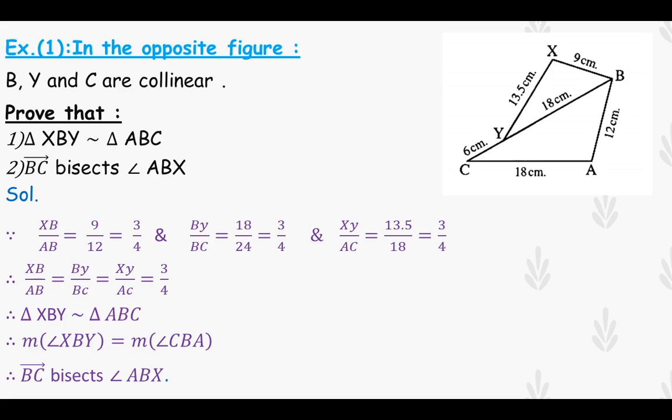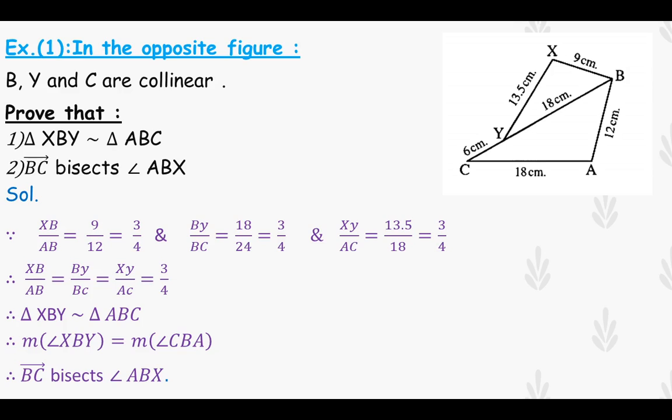Okay? In this case, you can see that you have all the sides of triangle XBY, and we have all the sides of triangle ABC. So, to know that this is the third case of similarity, you will find all the side lengths of triangle XBY and all the side lengths of triangle ABC. Okay?